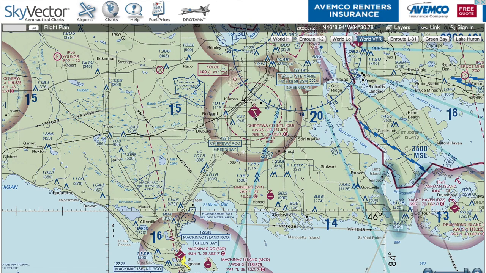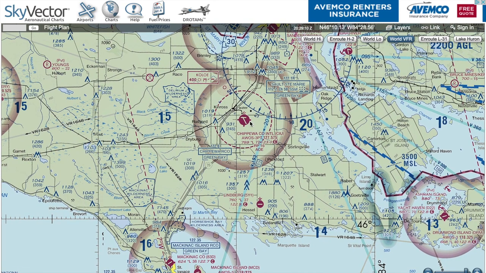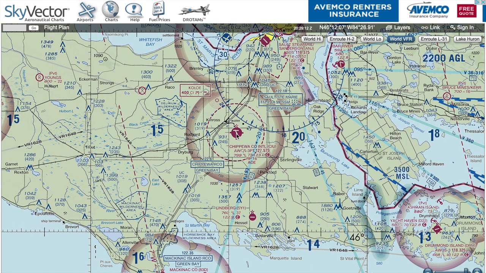So just because the airport does not have a control tower doesn't mean that it's not in controlled airspace. There's still an air traffic control facility that has jurisdiction over this airport. It's just that there's not a tower there. I'm hoping that that makes sense to people. So controlled airspace, Class E airspace, but no control tower. Kind of crazy.